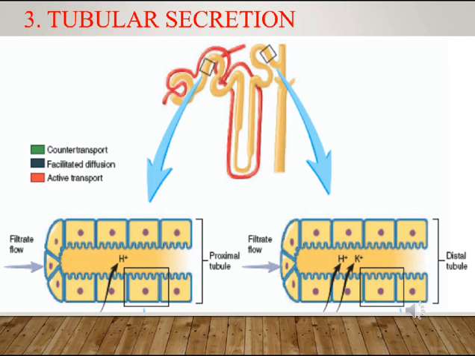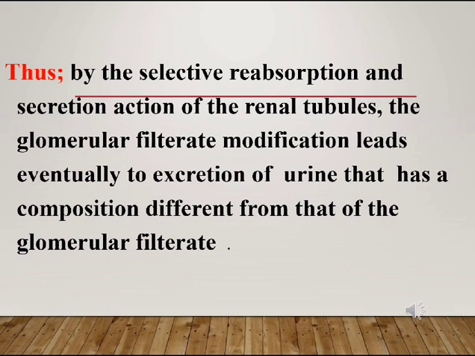Tubular secretion is caused mainly by active transport. Thus, by the selective reabsorption and secretion action of the renal tubules, the glomerular filtrate modification leads eventually to excretion of urine that has a composition different from that of the glomerular filtrate.